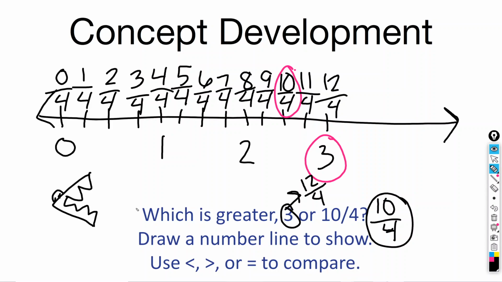So if I have 3 and I have 10/4, we want the crocodile to face the bigger number. We figured out that 3 was the bigger number, so we're going to put the greater than symbol. 3 is greater than 10/4.